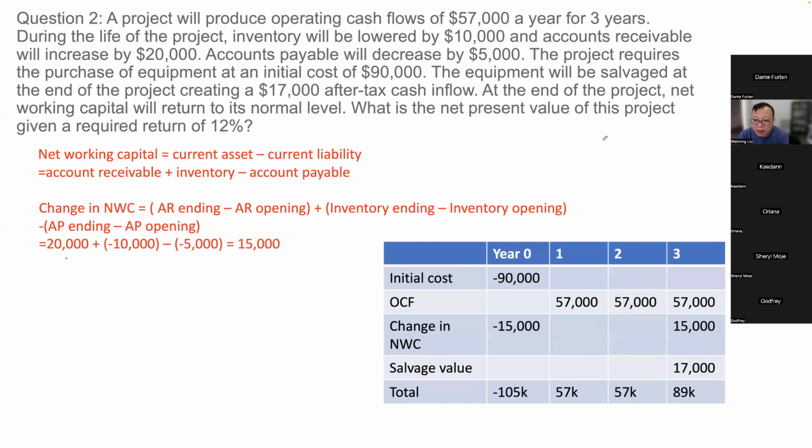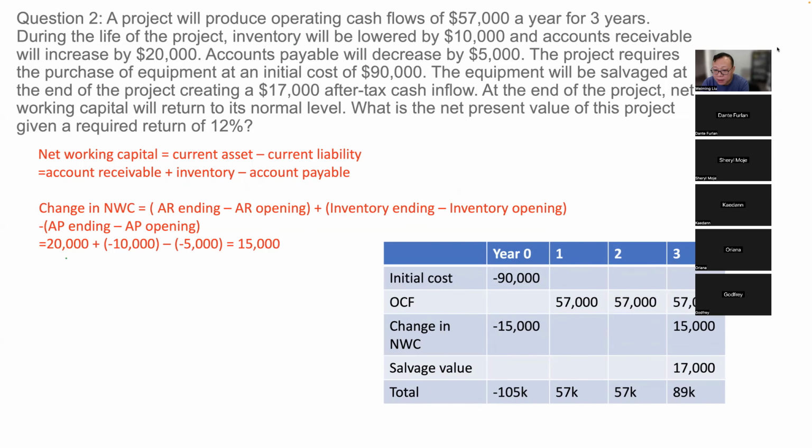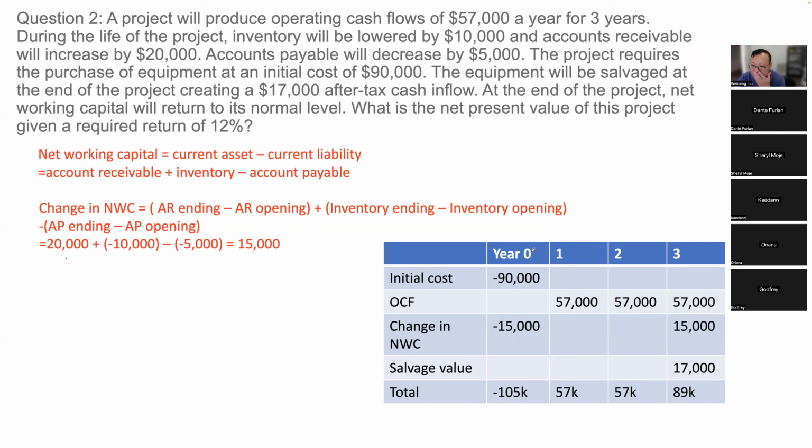Okay, so this is my timeline. So I start doing this timeline. So I have year 0, that's now, and year 1, 2, 3. Year 0, you need to have an initial cost negative $90,000 to purchase the equipment. Well, you need to spend $15,000 to increase the working capital.